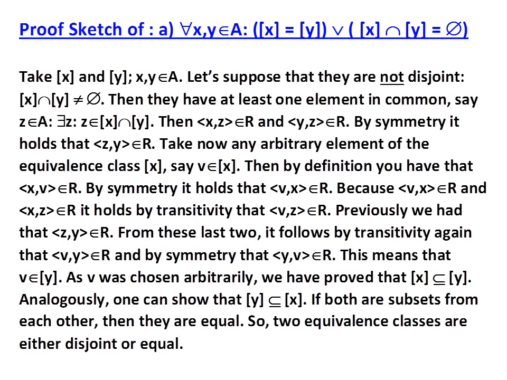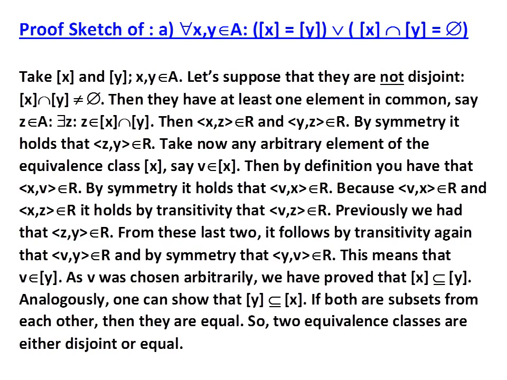Take now any arbitrary element of the equivalence class of x, say v. Then by definition, you have that (x, v) is an element of R. By symmetry, it holds that (v, x) is an element of R too.